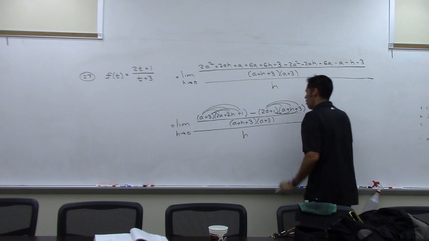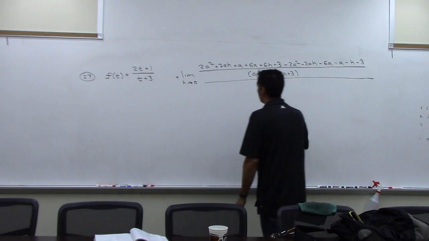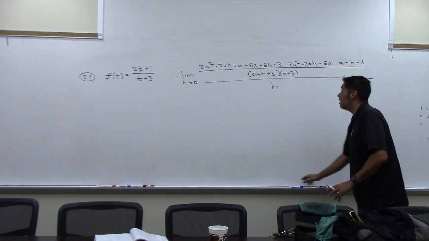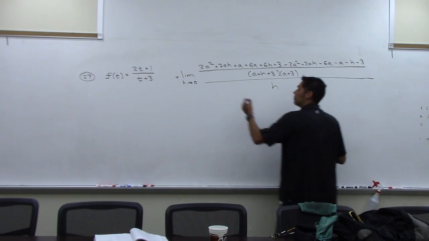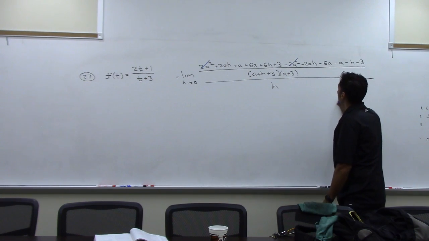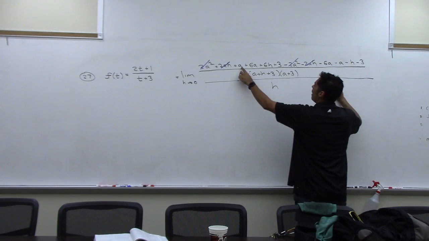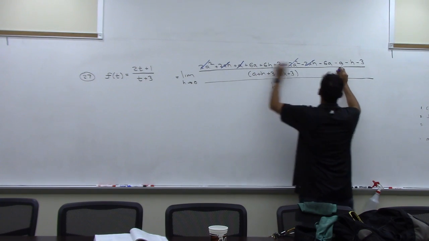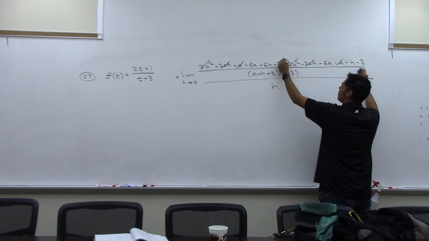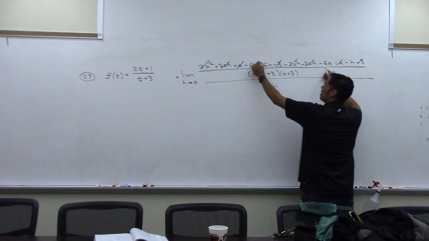And I'm really hoping that everything goes away upstairs except for an h somewhere in all things. So that 2a squared better cancel because it doesn't have an h in it. So here, 2ah minus 2ah, good. A, that better go away. Here we go, a. 3, I just noticed that, 3 and negative 3. 6a, negative 6a, and positive 6a.